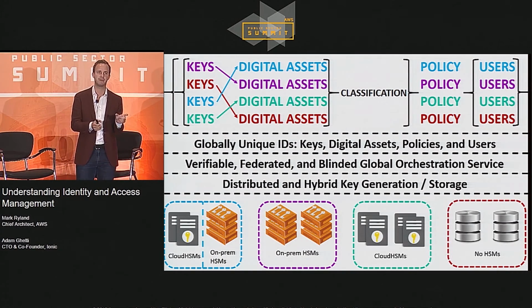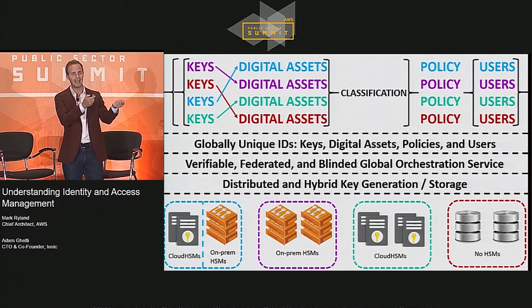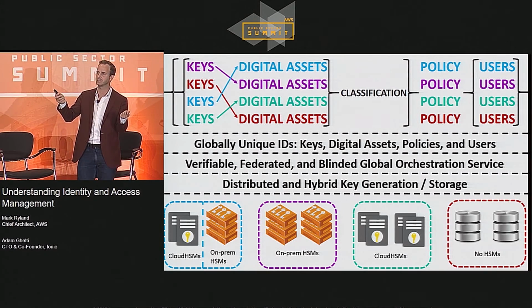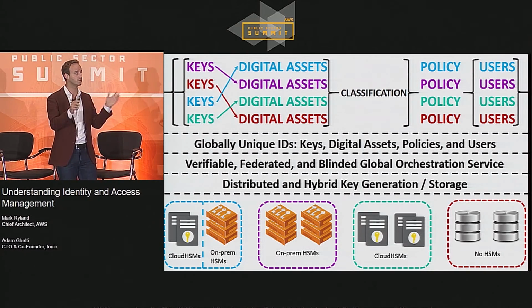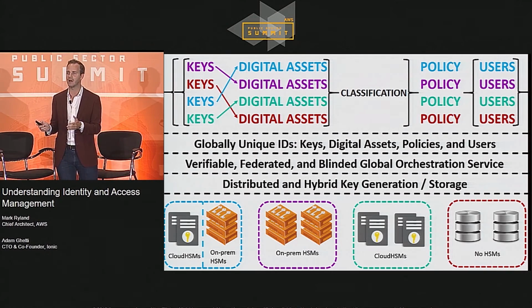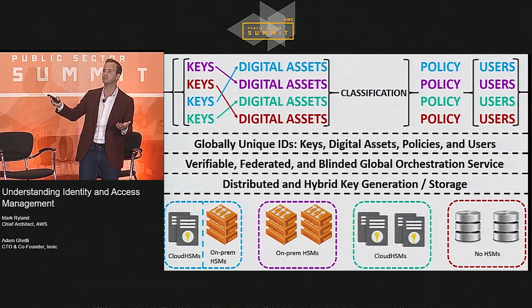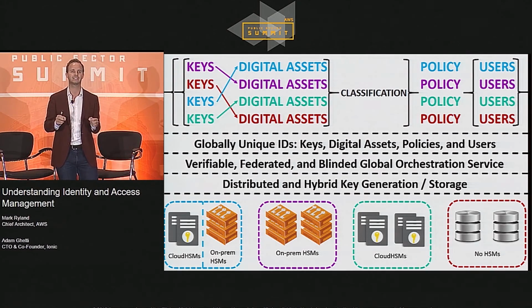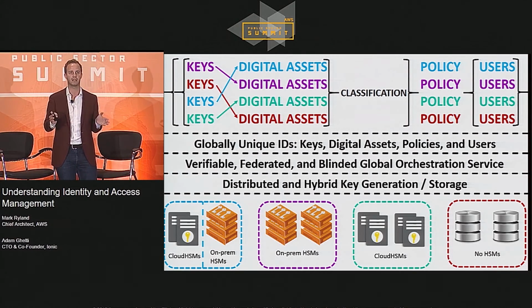That infrastructure might be backed by one agency with on-premise HSMs, and as well, for certain classification and certain use cases, by cloud HSMs. Some organizations might only use HSMs in their data centers. Some might only use cloud infrastructure. Some may not be sophisticated enough or have a need to use HSMs. Yet this system needs to understand all of these equations, all of these attributes, and be able to commonly orchestrate and make decisions.